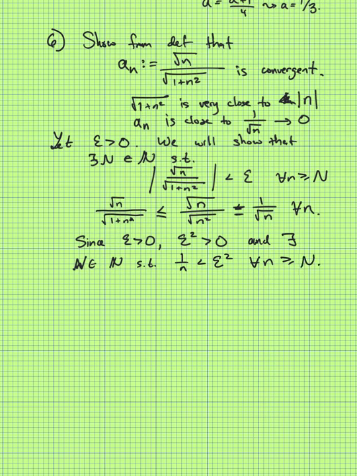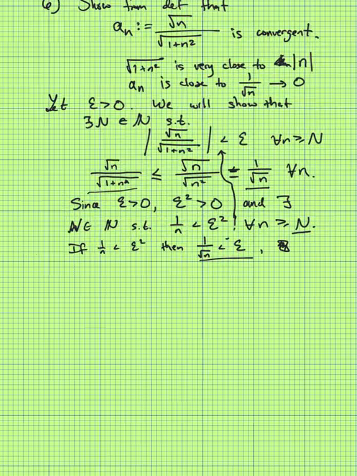But now, I claim this works, right? So if 1 over n is less than epsilon squared, then 1 over root n is less than epsilon, and therefore this N that we've chosen satisfies our equation here, right? Since this was bounded by this, and therefore this was less than epsilon.